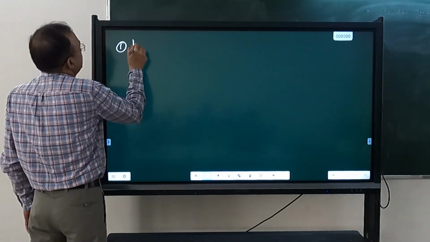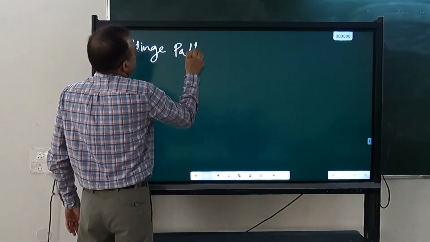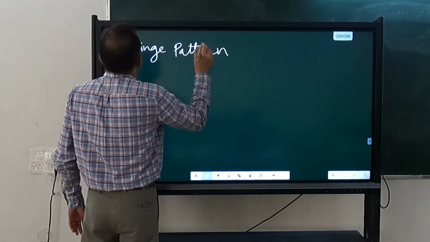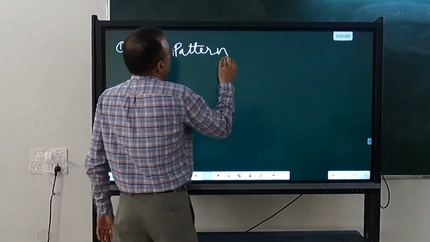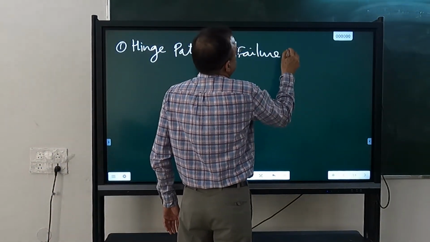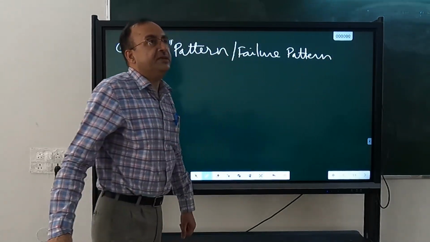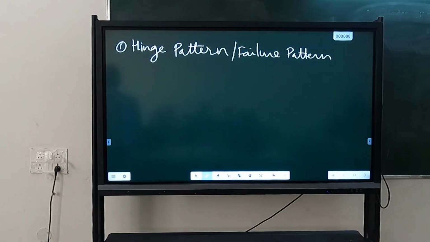So what we look at is the hinge pattern, or failure pattern, whether the yielding is occurring in the same sequence as you desire or not. If there is any undesired sequence of hinge formation, you can change it by changing the relative strength.